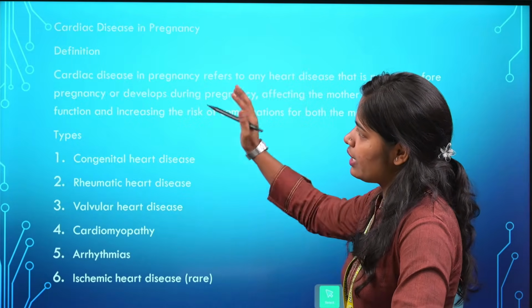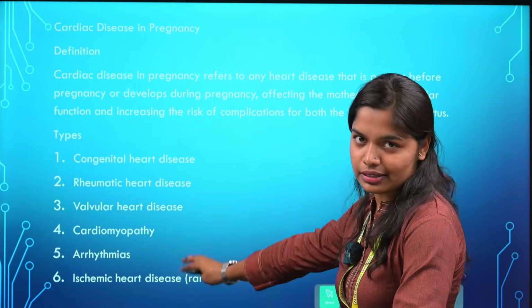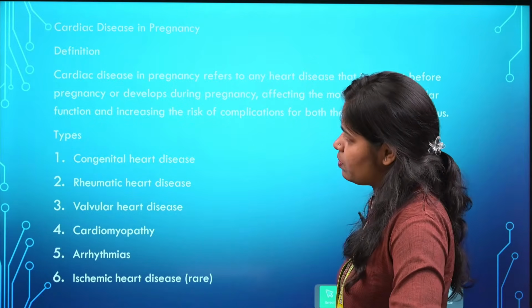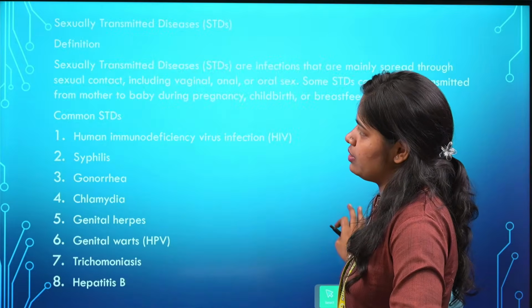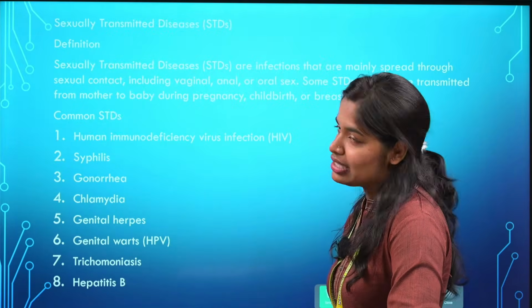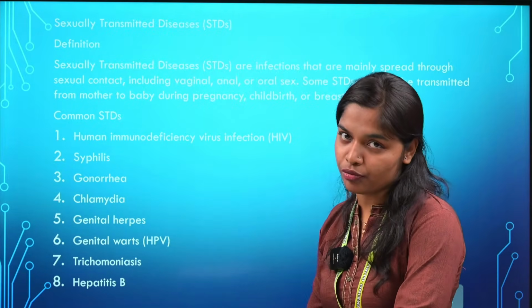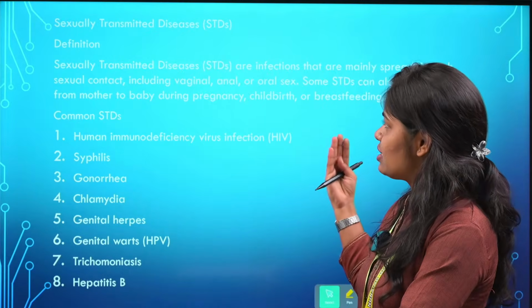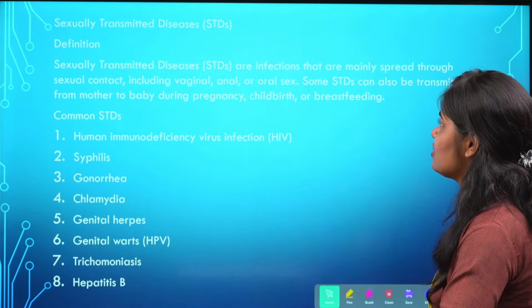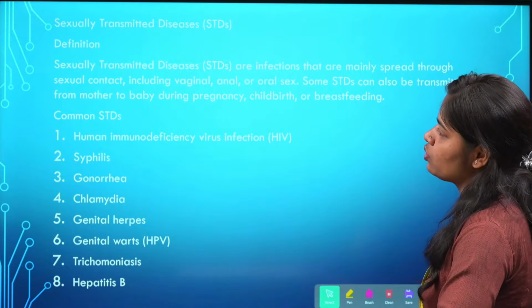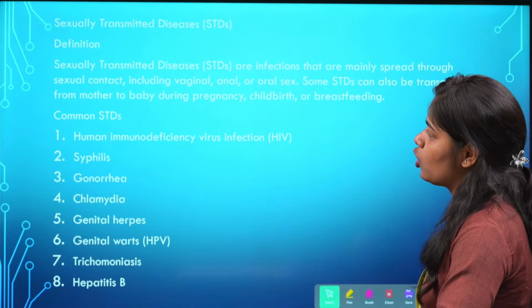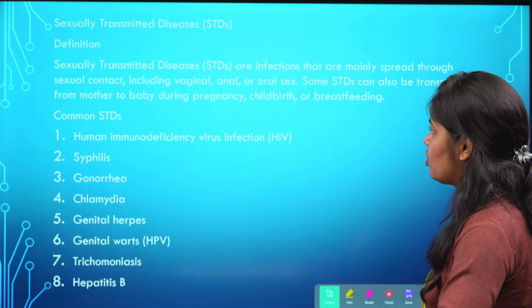And heart diseases may be present. These are the types of heart disease which are present at the time of pregnancy. Then sexually transmitted disease at the time of pregnancy. Sexually transmitted diseases are infections that are mainly spread through sexual contact, including vaginal, anal or oral sex.